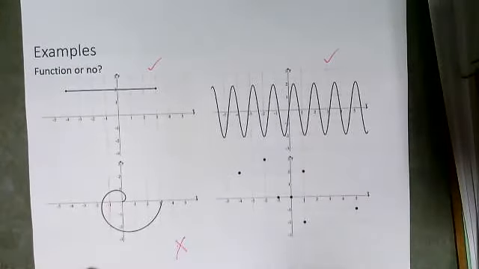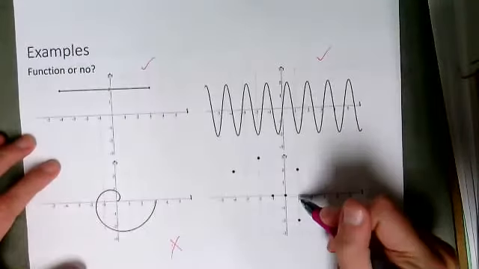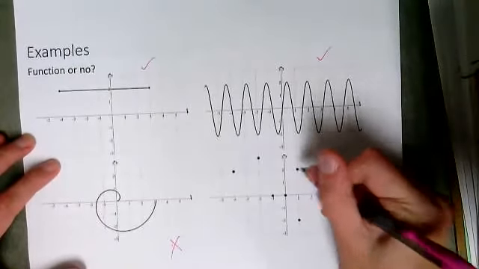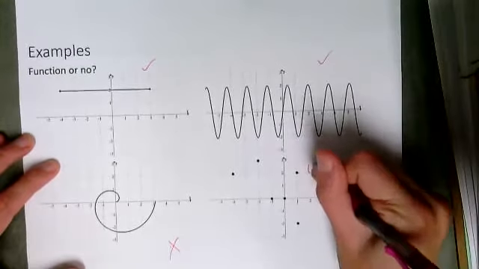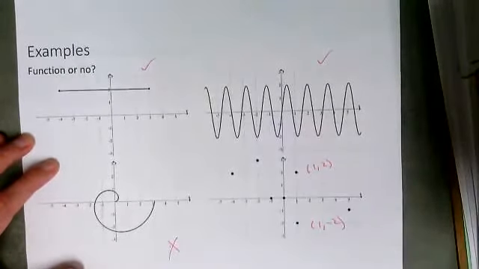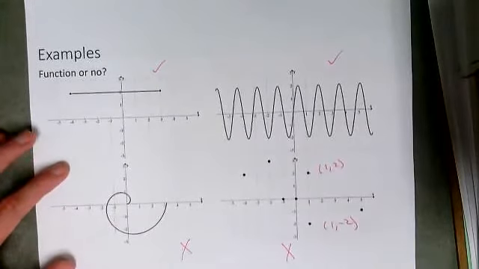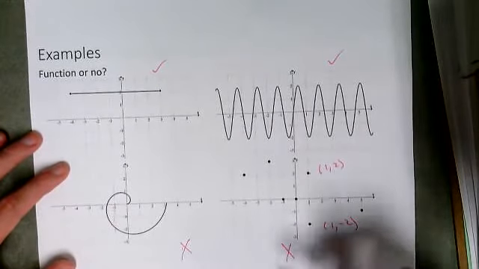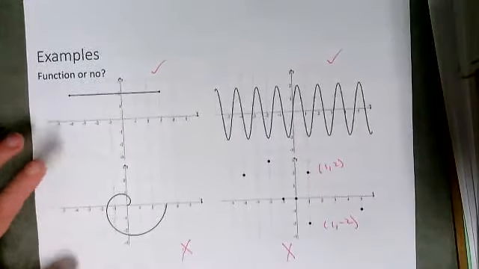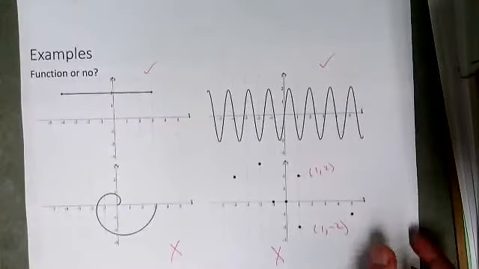You can't see it because this thing's really blurry, but anyway, right here at 1, we have 2 points here and here. 1, 2, 1, -2. Same input, different outputs. Not a function. Right? Okay. And also, if you draw a vertical line, it hits both of those 2 points. Same thing. All right.